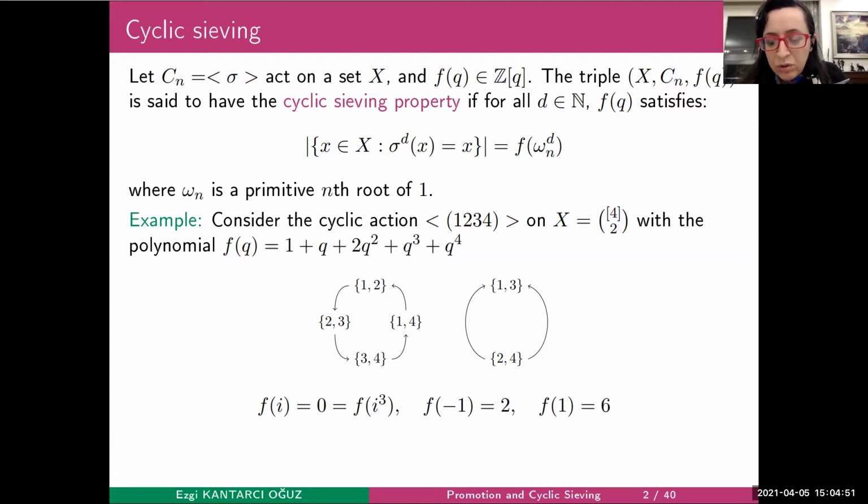That gives us 2, which is the 2-cycle, our 2 fixed points. And if we plug in 1, we get 6, which means that all 6 are going to be fixed points of the action applied 4 times, which is going to be the identity action. So this polynomial with this action and the set has a cyclic sieving property, or we can call them a CSP triple.